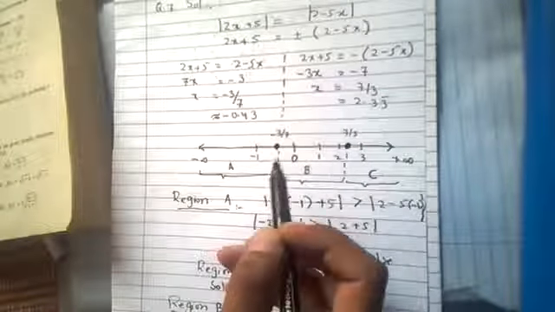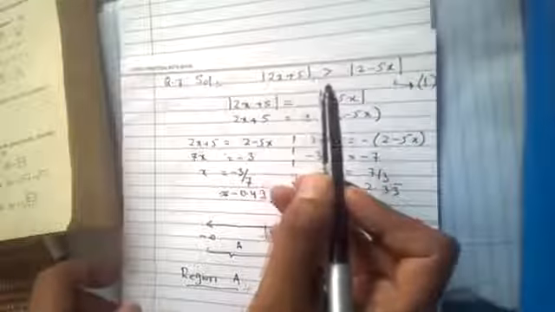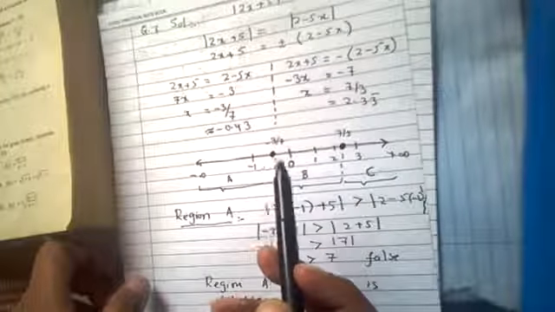Note that these two points are called the boundary points, and since in the given inequality there is no equal sign, only greater than sign, for only greater than or smaller than signs, these boundary points are not included in the solution. Therefore the solution is all of the points coming between these points.